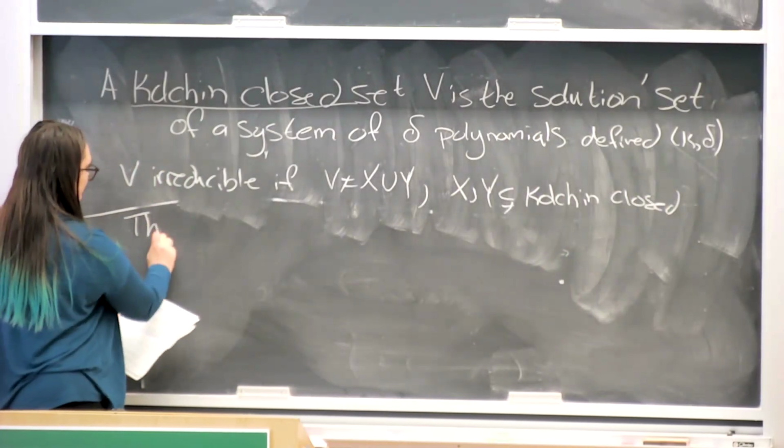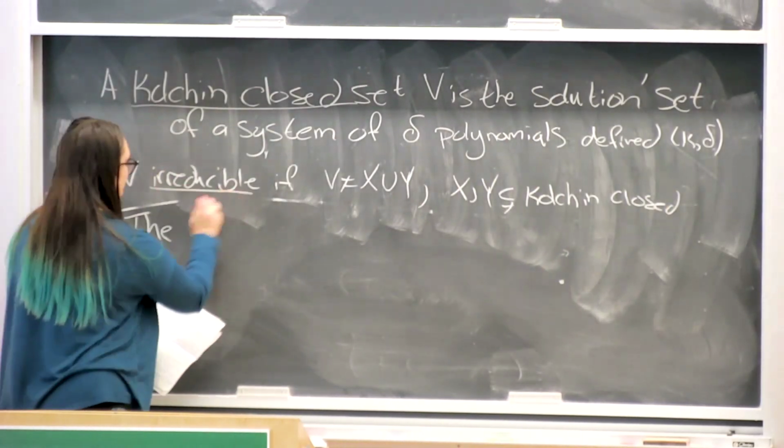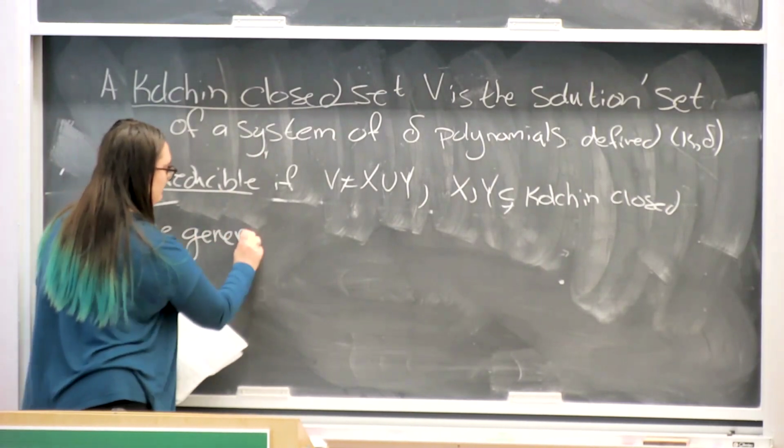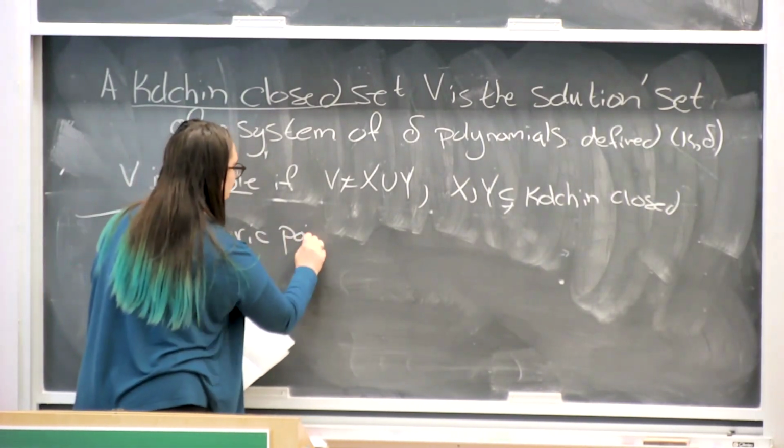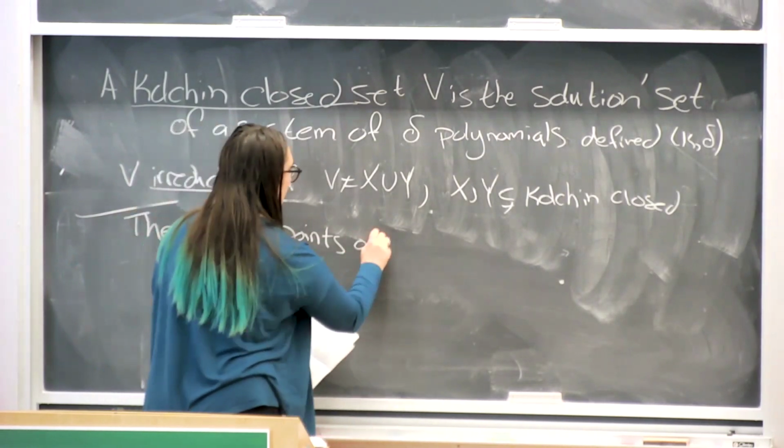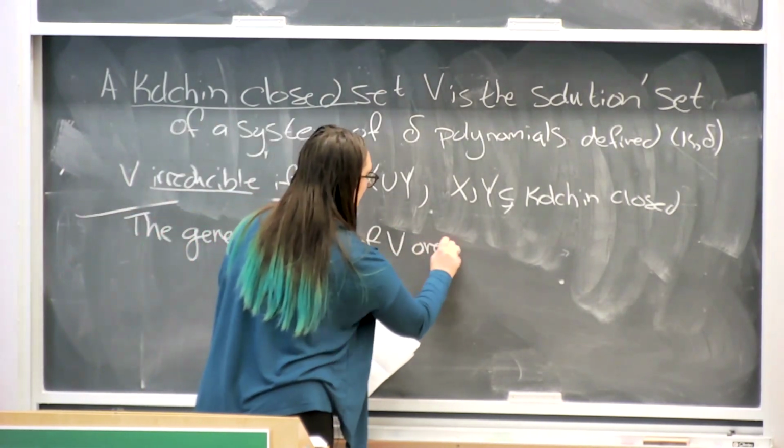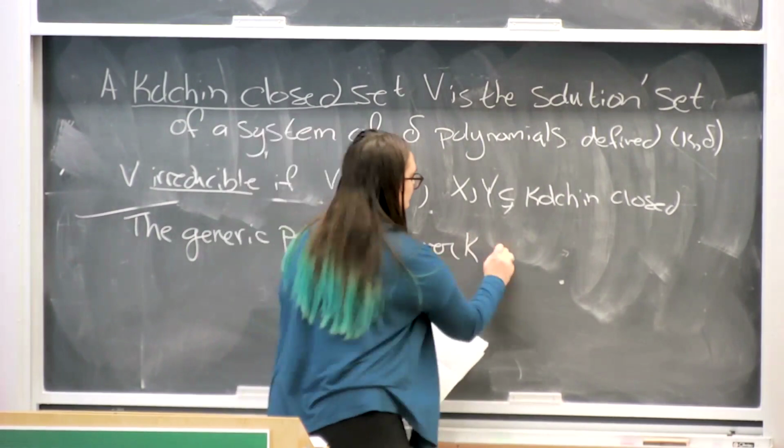And so we're looking at generic points. So we say that the generic points of V over K are Kolchin generic.